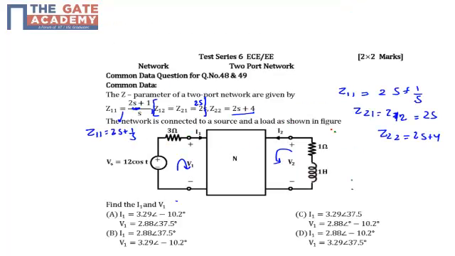We know that s is equal to j omega, but in this question omega is equal to 1, so my s is equal to j, right?